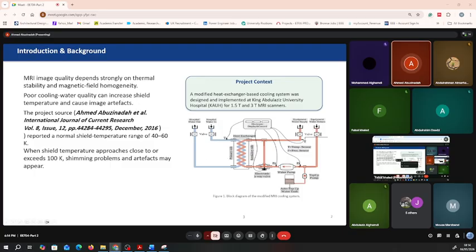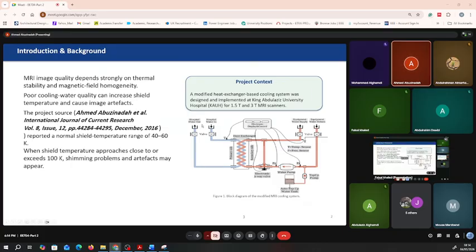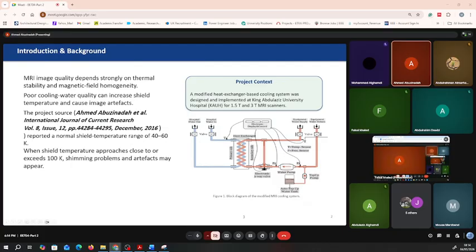This block diagram, in short, shows the hospital water inlet and outlet of the water supply, and the heat exchanger system shows the primary side, which is the incoming water supply, and the secondary side, which is the closed loop system that goes into the machine and comes out of the machine.